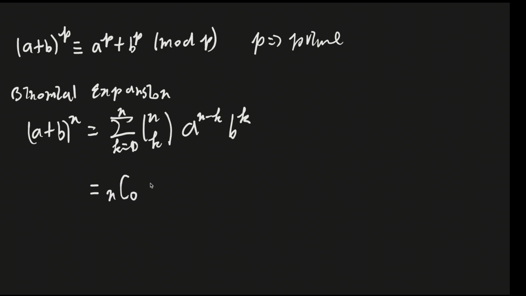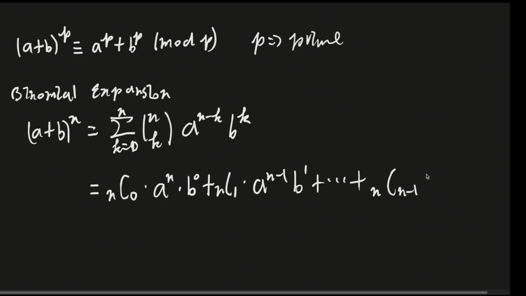So when I expand this term, I get nC0 times a to the n times b to the 0, plus nC1 times a to the n minus 1 times b to the 1, plus dot dot dot, plus nC(n-1) times a times b to the n minus 1, plus nCn times a to the 0 times b to the n. So this is what you get after expanding.